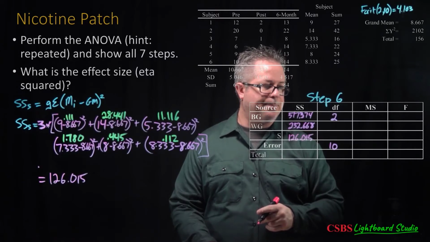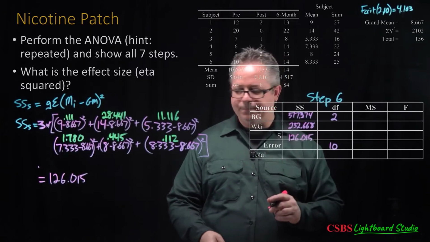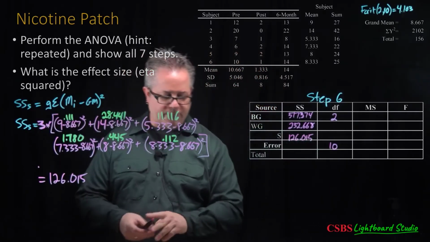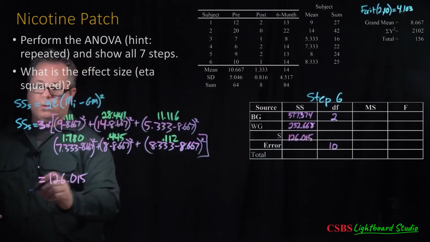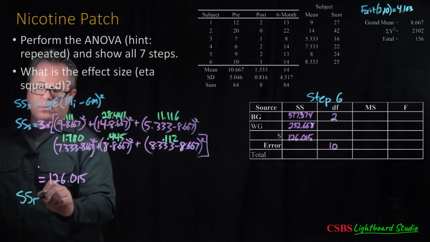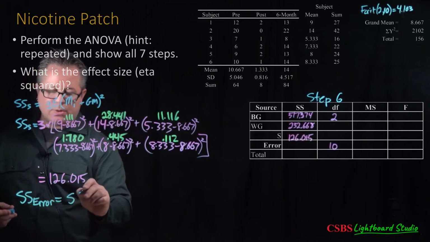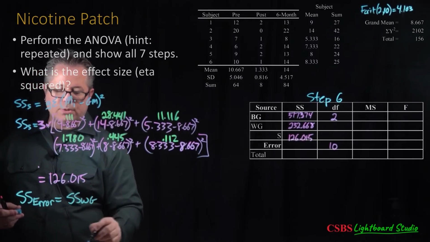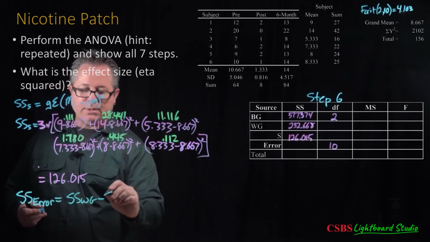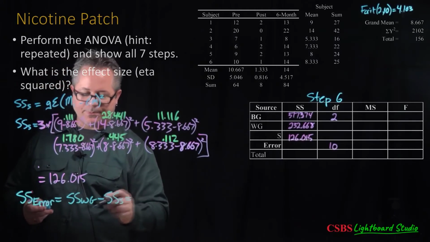All right. Now I get error. Sum of squares for error is equal to the sum of squares within groups minus the sum of squares for subject.